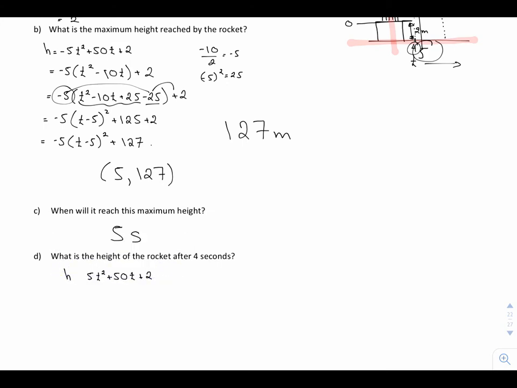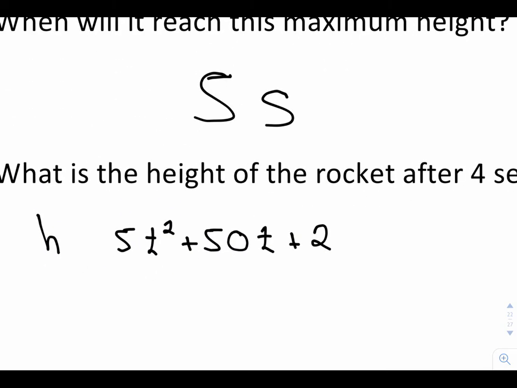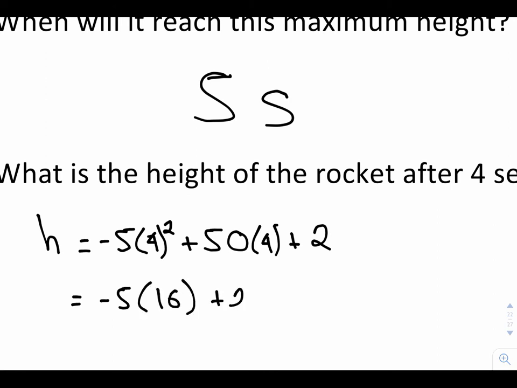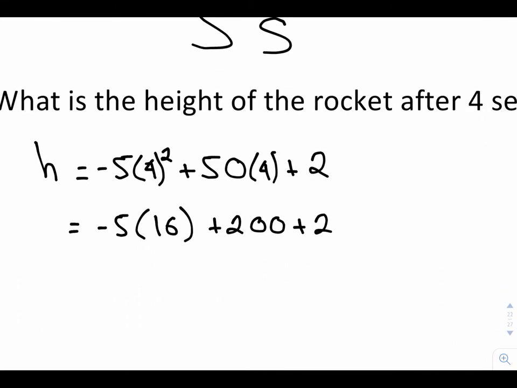So over here I have h equals negative, I'm going to take out this t and replace it with a 4 here and here, to give me negative 5 times 16 plus 200 plus 2. Negative 5 and 16 gives me negative 80, plus 202.